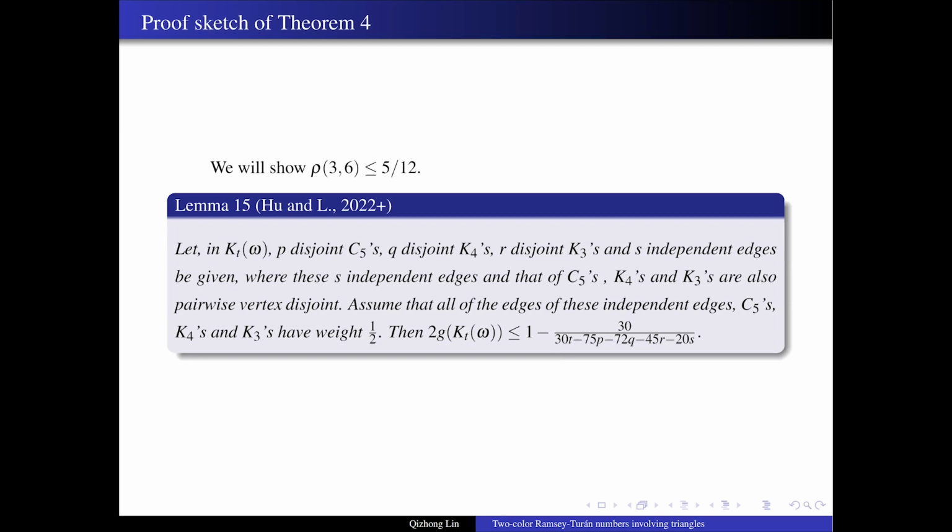In order to show the upper bound, we need to force out some special structures. For example, we need to find some disjoint half C5, or K4, half K4, or half triangle, or independent edges.